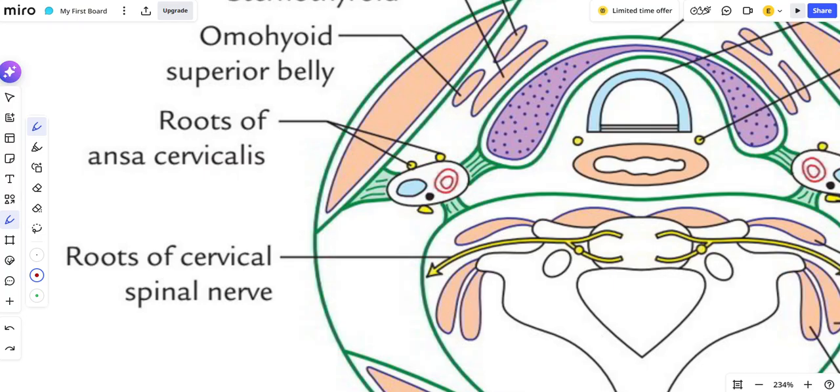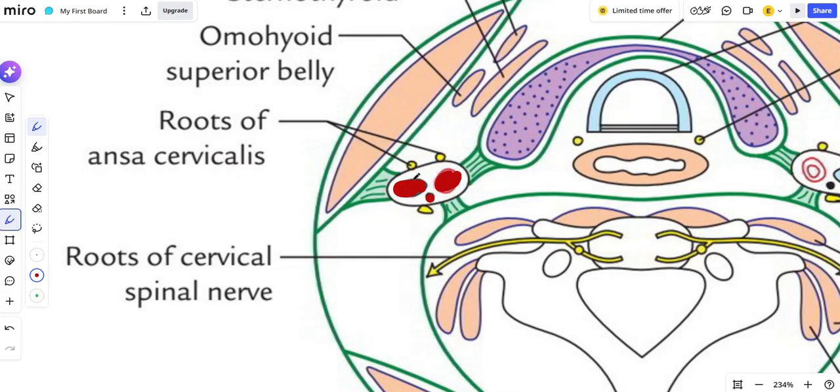Now it surrounds the major neurovascular bundle. If I go from lateral to medial, most laterally you have the internal jugular vein, right? And then we have the common carotid artery, or sometimes the internal carotid artery. And right in the middle, behind these, is basically your vagus nerve.